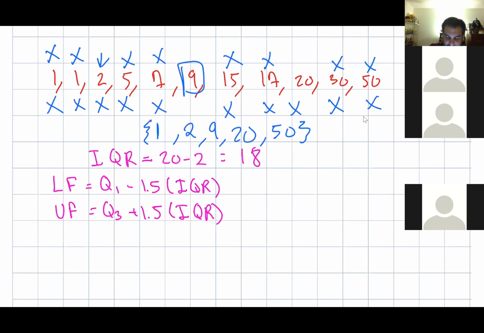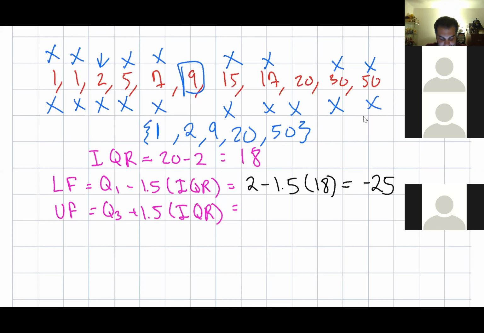So for the lower fence, let me change the color of this. You get Q1, which is 2, minus 1.5 times the IQR, which is 18. Let me work that out. So 2 minus 1.5 times 18. All right, so you get negative 25. So negative 25 is my lower fence.